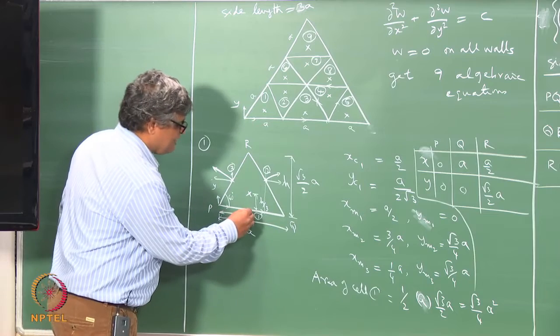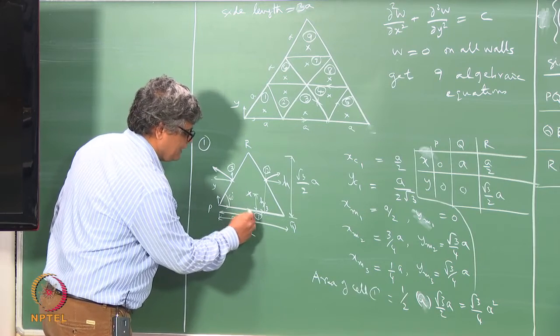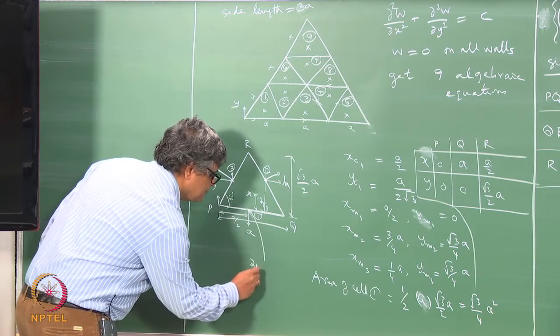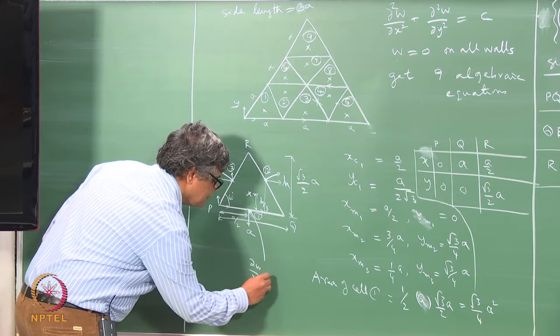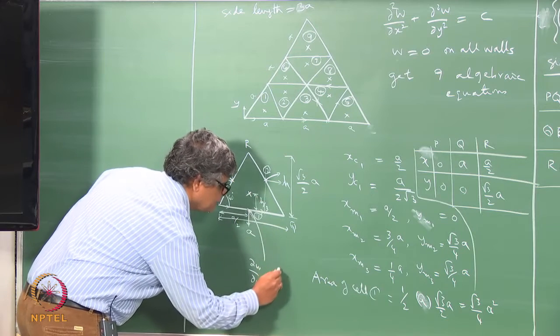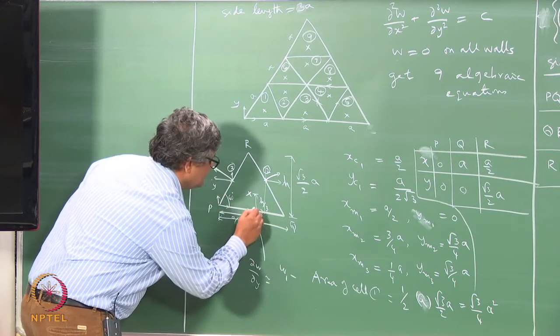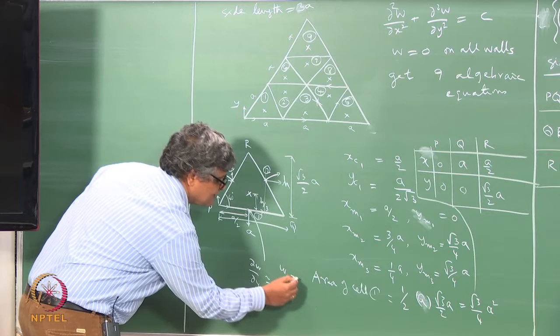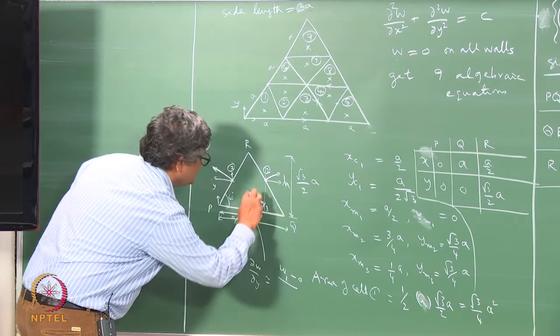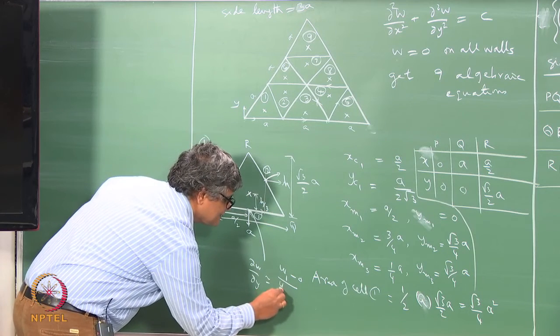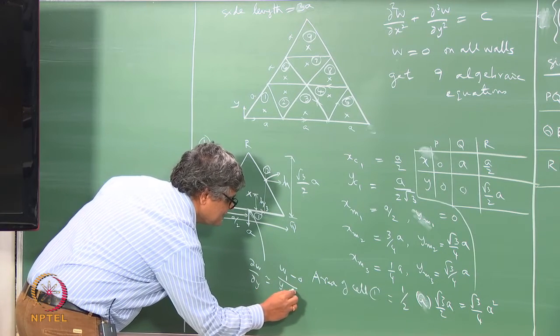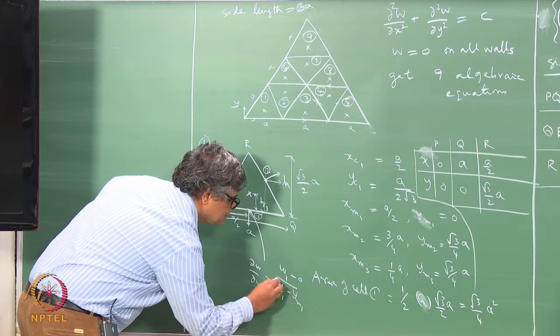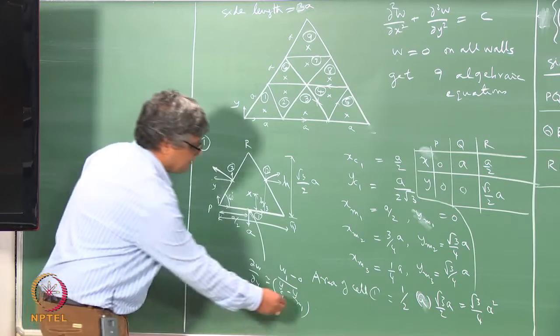So we can estimate the gradient dou W by dou Y at this point roughly as W1 minus this velocity, which is 0, divided by this distance, and that distance is yc1 minus ym1, and ym1 is 0.